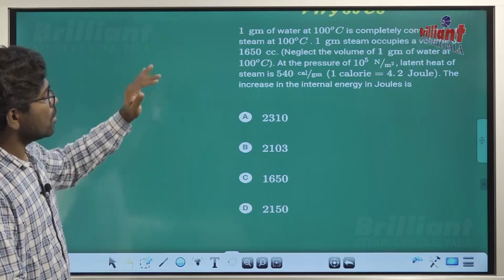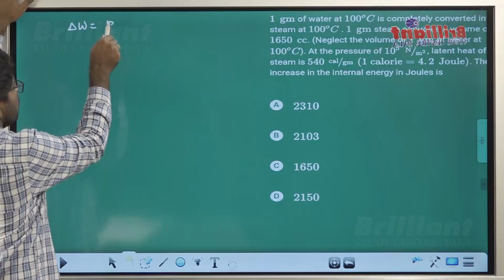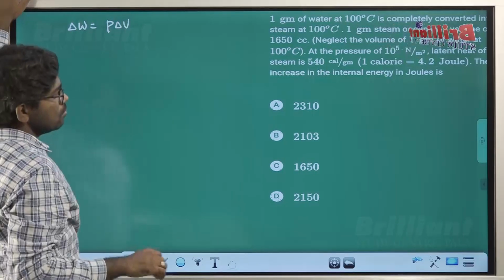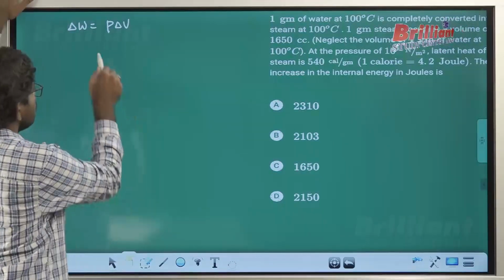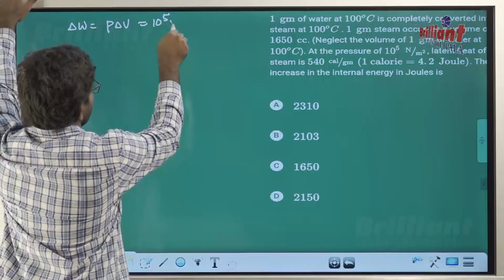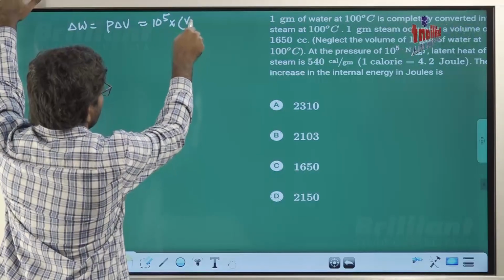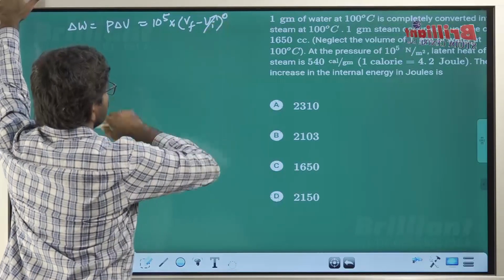First of all, what is the work done during this process? Delta W equals P into delta V here. The pressure is constant, which is happening at 1 atmospheric pressure. 1 atmospheric pressure means 10 power 5 Newton per meter square, and volume change is final volume minus initial volume. They are asking you to take initial volume as 0.